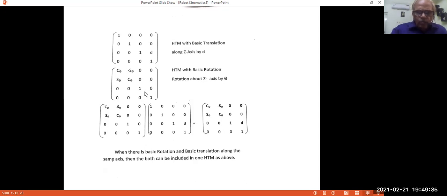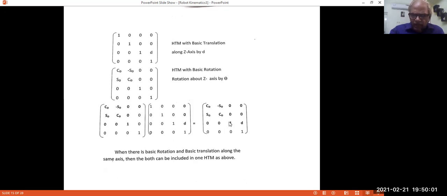Now you want to have a composition of these two. You have movement along this axis and rotation also. Then you can multiply the rotation followed by the displacement. The nature of this matrix is such that you can simply add the effect of this displacement in this column itself.